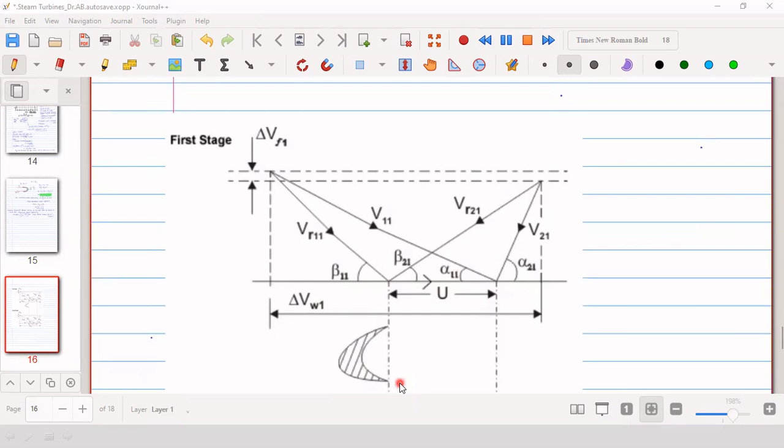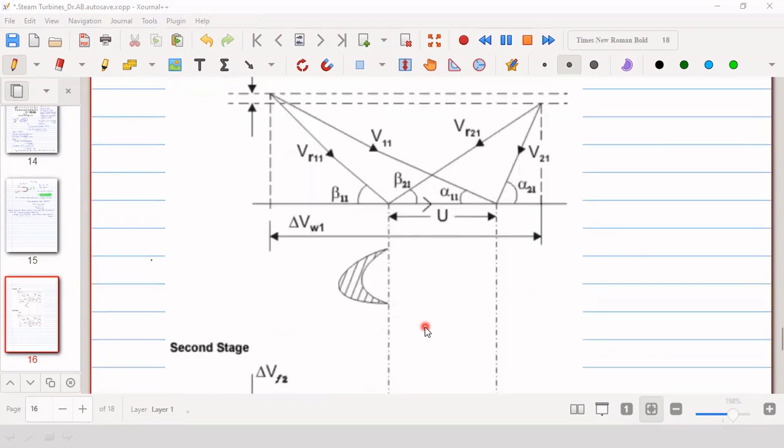So velocity triangles are drawn at the inlet to the blade and exit from the blade, and then they are combined for the same blade velocity as the base of the two triangles, and then they form a combined velocity triangle like this. So they are basically combined.